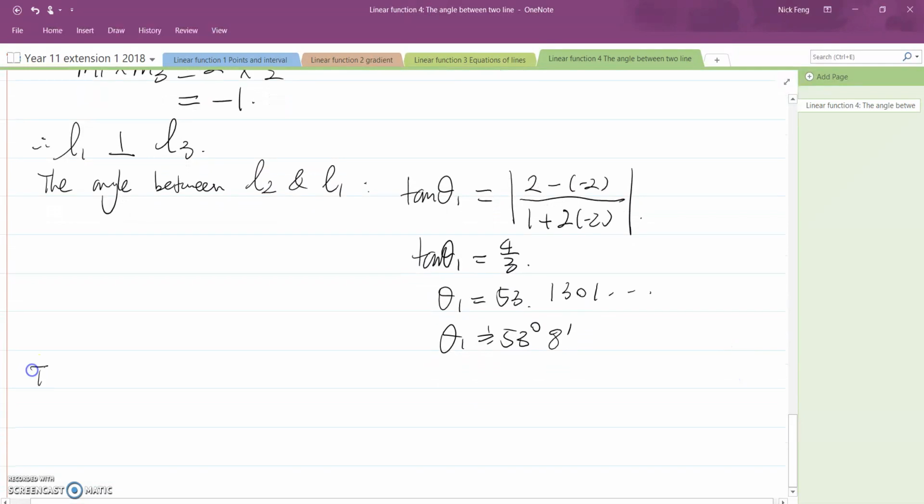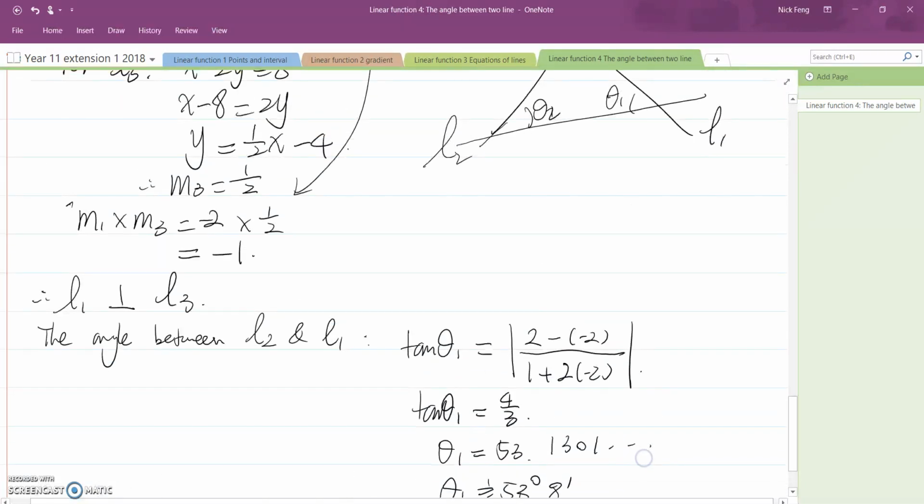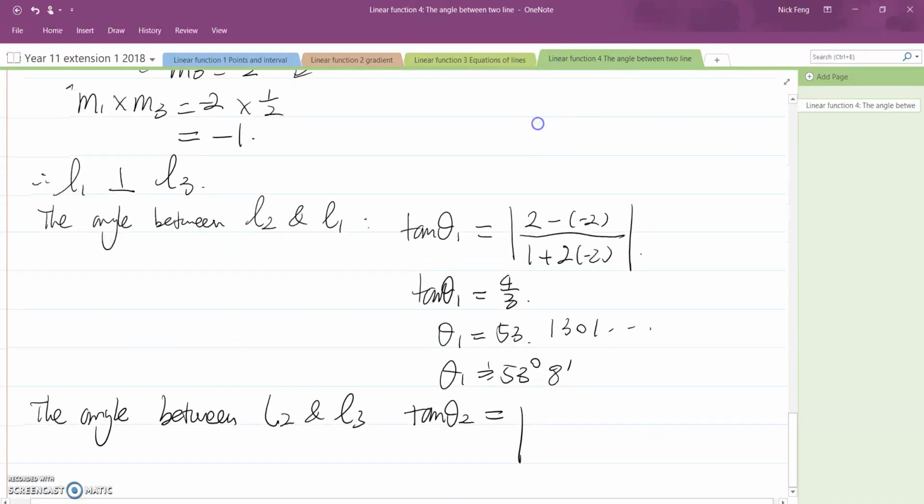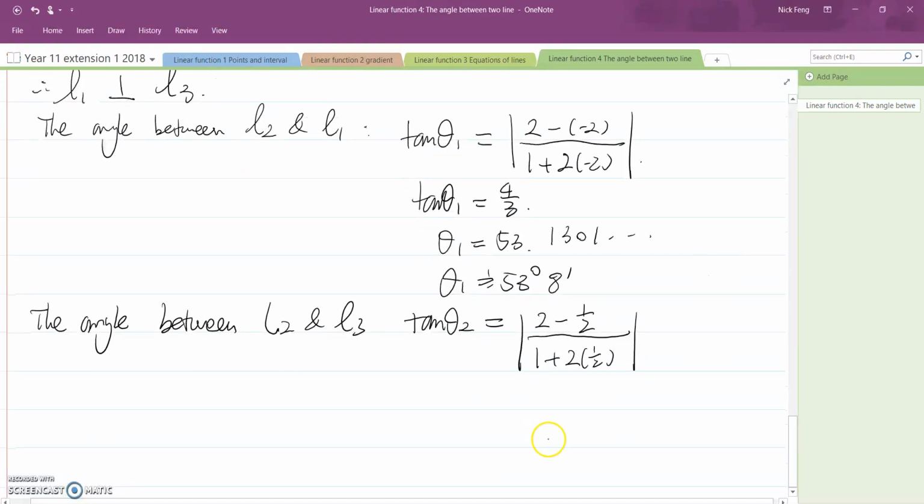Okay, and the angle between L2 and L3, let's make it tan theta 2 in this case. Now we're using these two gradients, the gradient of half and the gradient of 2. So 2 minus a half, it doesn't matter which one is m1 or m2, and then 1 plus 2 times half. And you get 3/4. Easy.